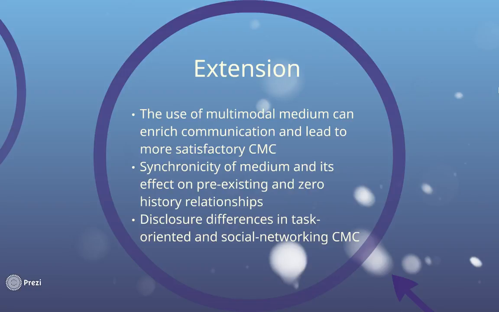With this additional structure, it can be stated that asynchronous CMC mediums produce the best results for social networking in zero-history relationships as they allow for users to carefully craft messages in order to form impressions and save face. For pre-existing relationships, synchronous CMC mediums may be preferred as they allow for immediate feedback and bypass the limitations of asynchronous CMC like network connection strength and typing speed.